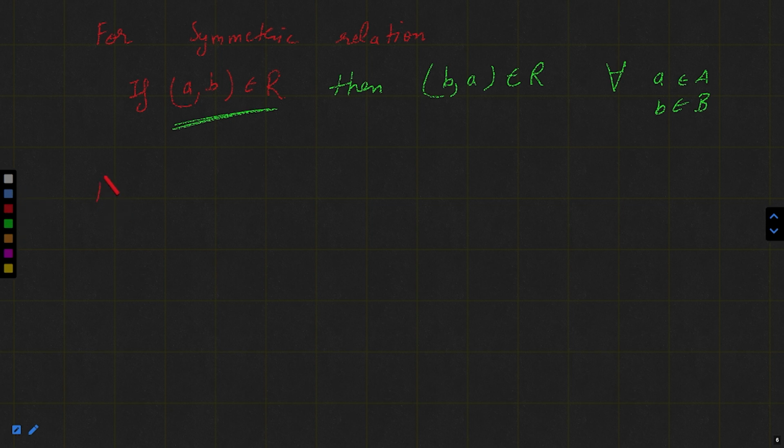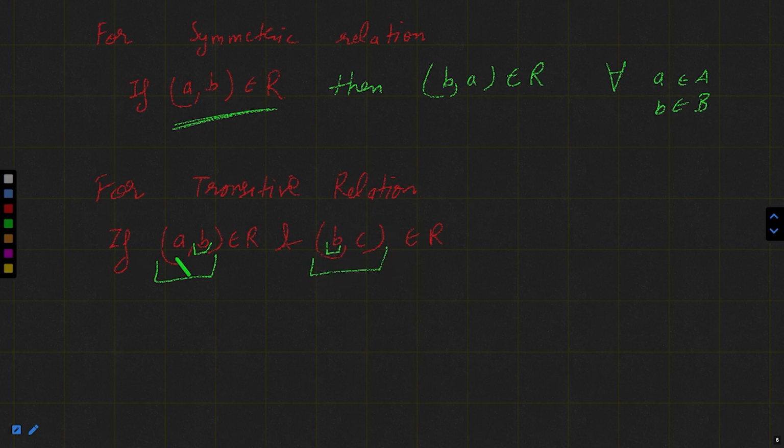And for a transitive relation, as the name suggests, the things are getting transferred here. So we have two conditions: (a, b) and (b, c) belong to R. The main point to keep in mind is that the second element in this pair is the same as the first element in this pair.